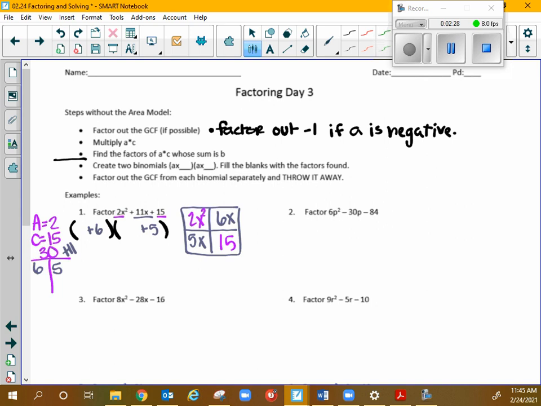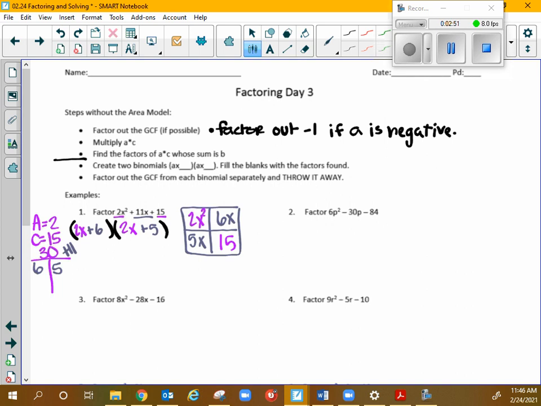Then I'm going to take my A value. What's my A value? 2. And I'm going to put 2x and 2x. Again, 2x times 2x is not 2x squared. You used one too many 2's, so you have to find a place to divide 2 back out, because we only need 1.